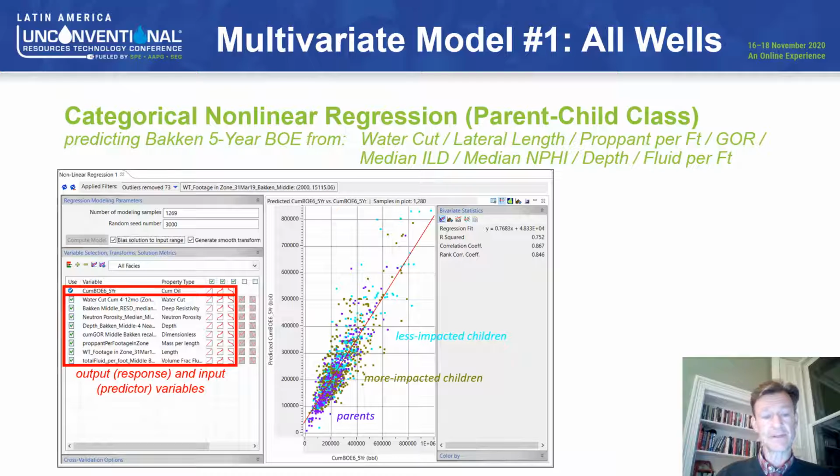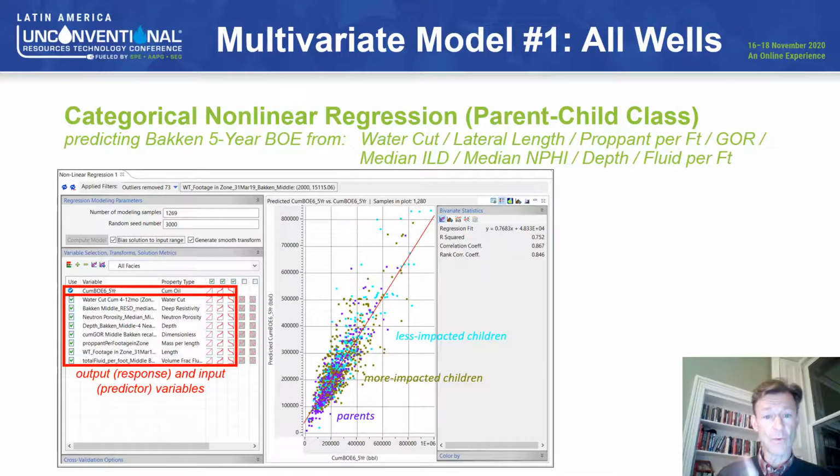I used cumulative GOR, proppant per foot, footage, that's lateral length, and it's actually lateral length in zone. And then I used fluid per foot. And I used those 8 variables to see how well they could predict the cum 5-year BOE for these what ended up being 1,280 wells. And that's the result on the right-hand side.